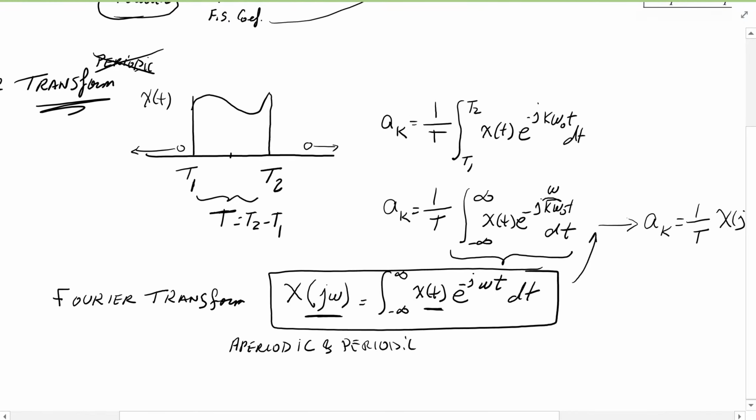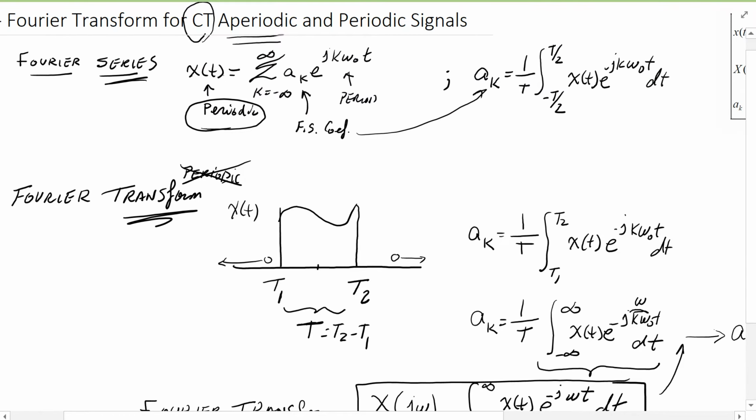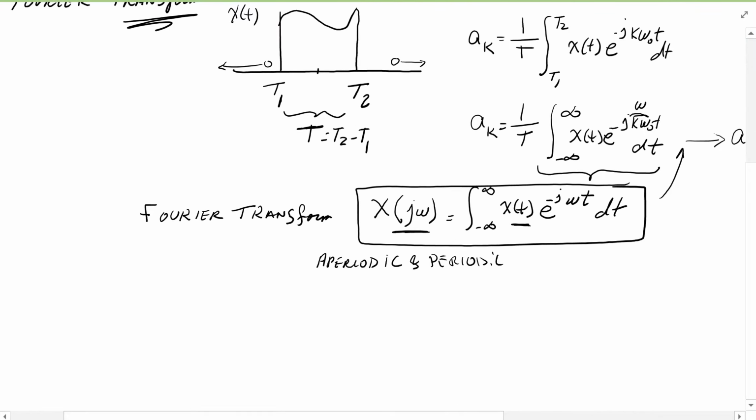Now, if I have that, and I have this particular equation here, then I can combine the two and say, if you've got x of j omega, your x of t can be written as the summation of k going from minus infinity to infinity. And remember, omega is k omega 0.